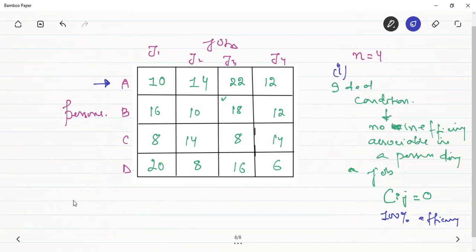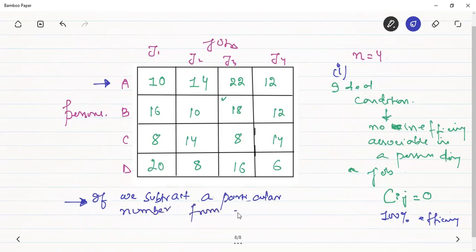The Cij is equal to 0 will be given by the condition that if we subtract a particular number from each element of a particular row or column, the assignment won't change.